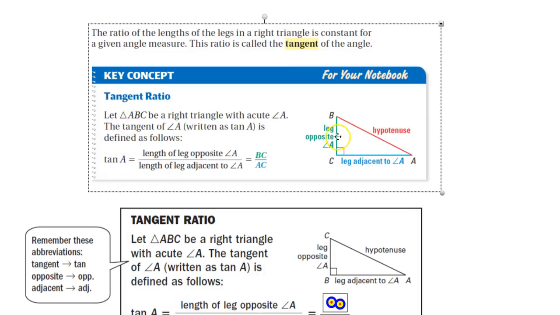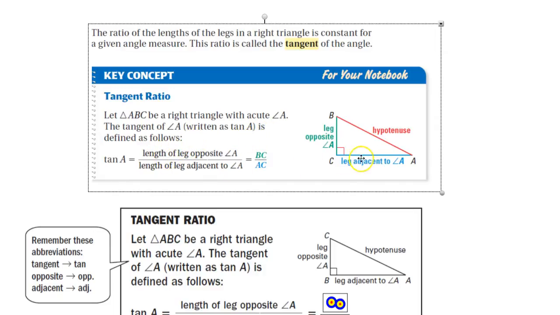So how does that work? Let's take a random triangle, we'll call it triangle ABC. Let triangle ABC be a right triangle with acute angle A, and also B, but just referring to A right now. The tangent of angle A, written as tan A, is defined as follows.